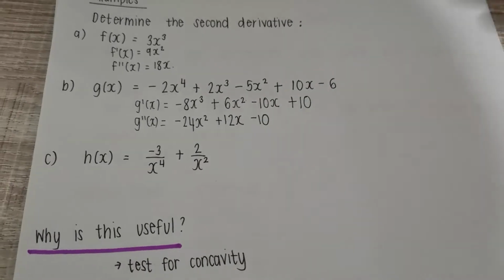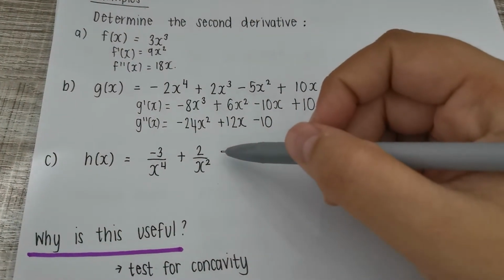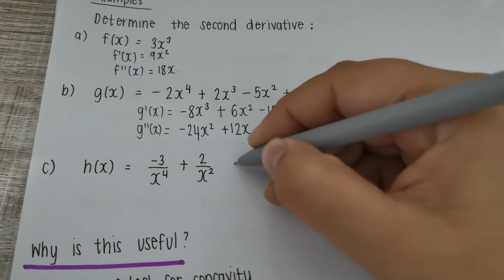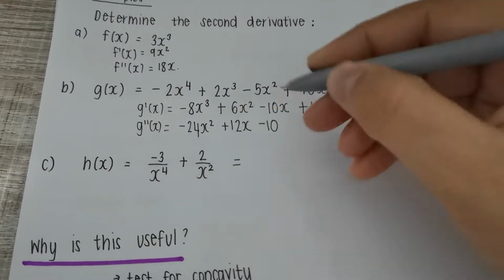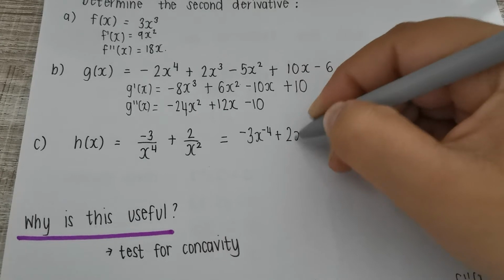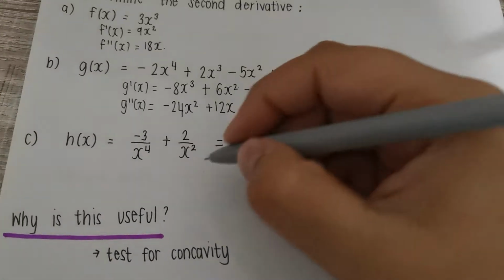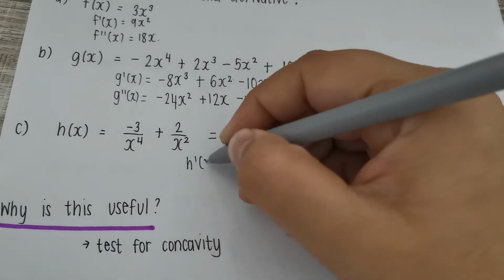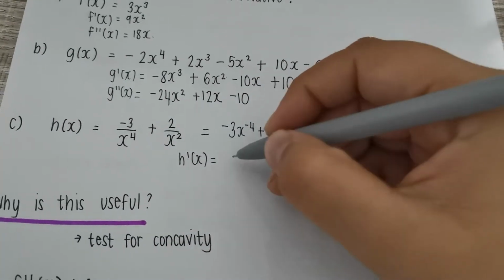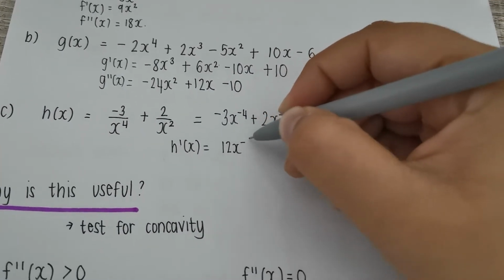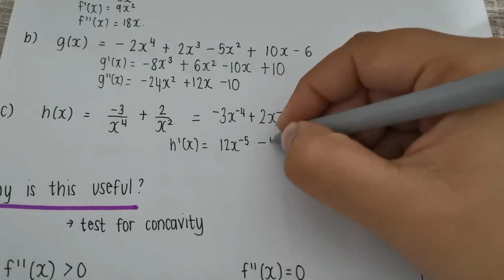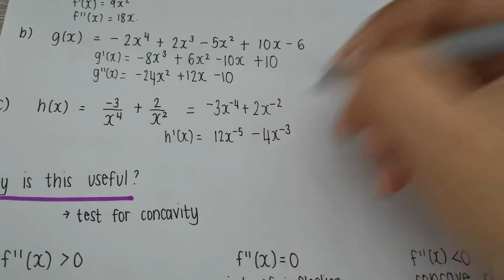Okay, this one over here, don't forget we first have to rewrite this. Okay, I didn't leave enough space, but anyway, I'm going to write it over here. Okay, that makes it easier for us. Now to find the first derivative, this is going to be 12x to the negative 5 minus 4x to the negative 3.